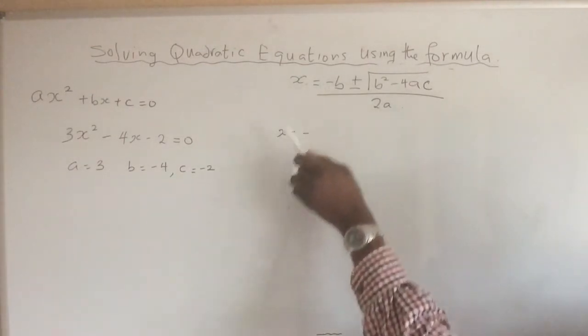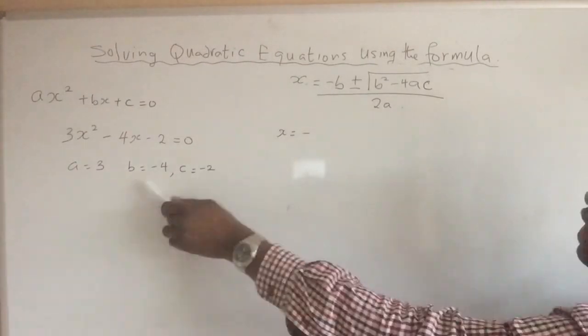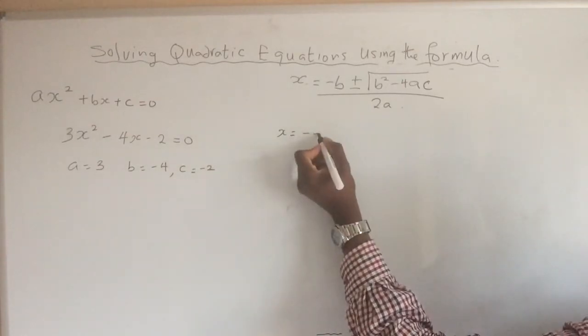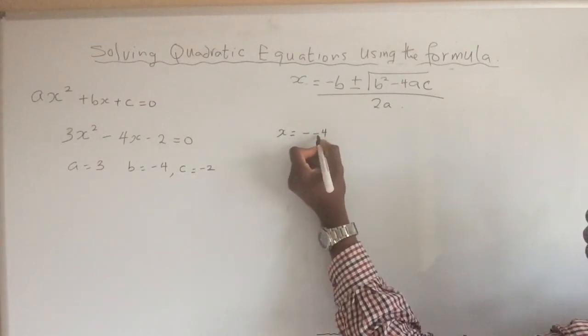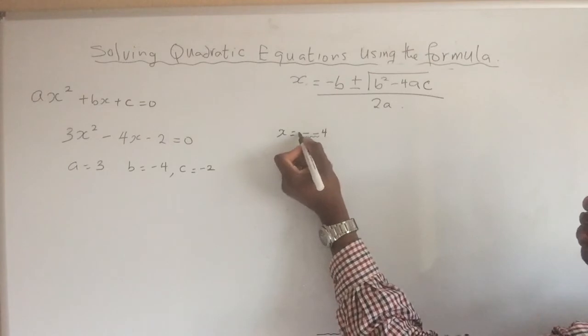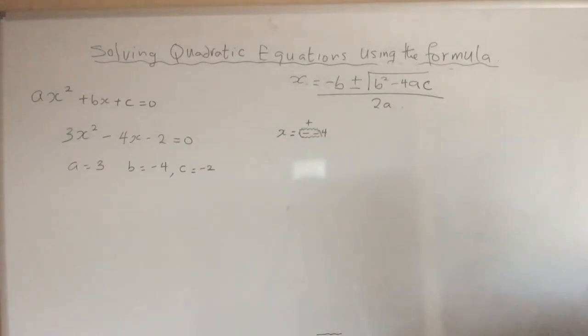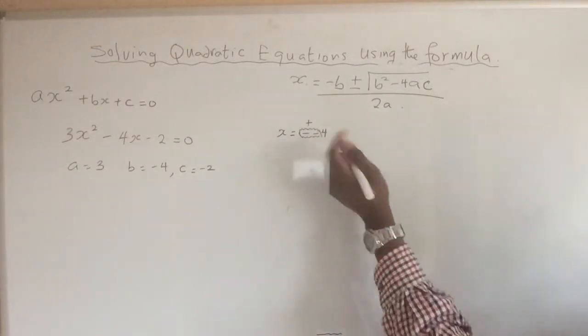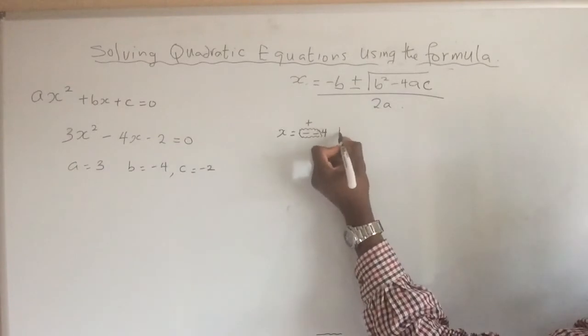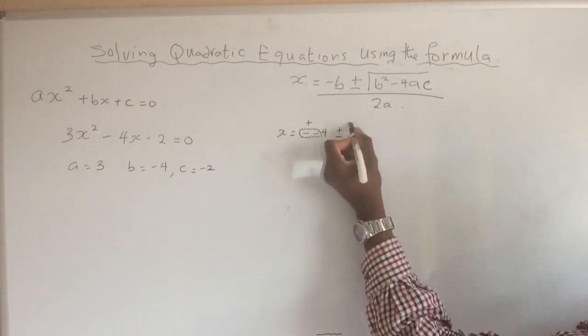So there's a negative here, which I've written down, but b says negative 4, so I'm going to write another negative 4. Now, we know in maths that these two negatives become a positive. So that's negative negative 4, which is a positive 4, plus or minus the square root.